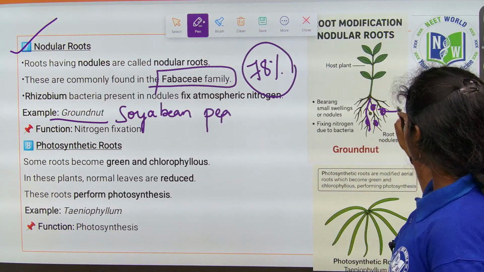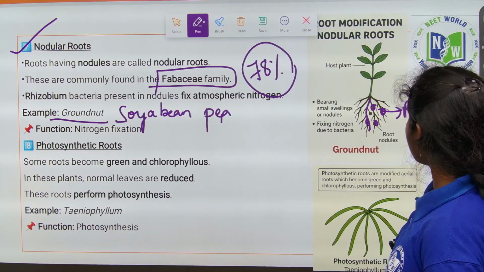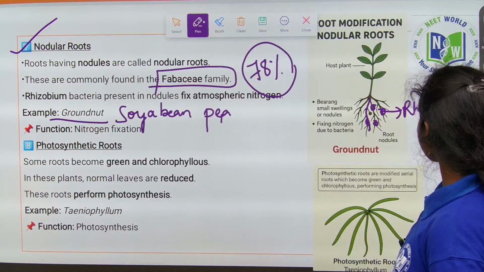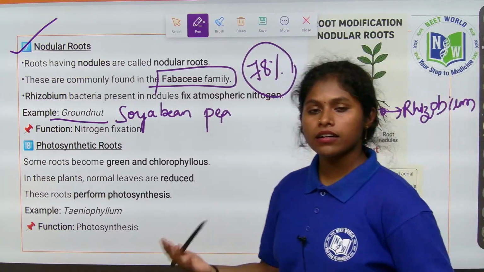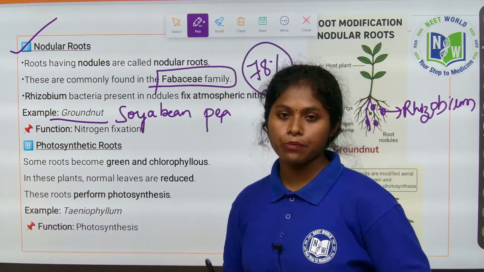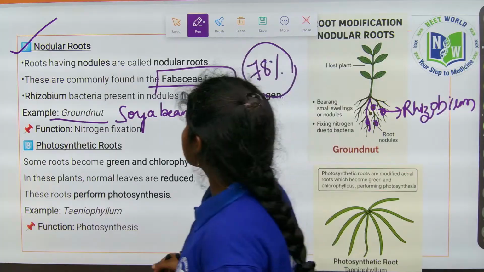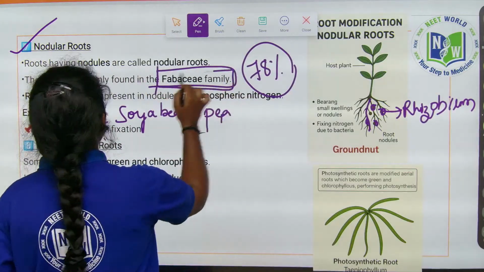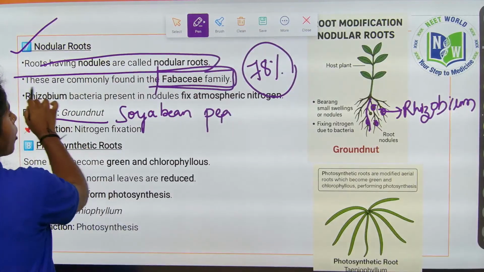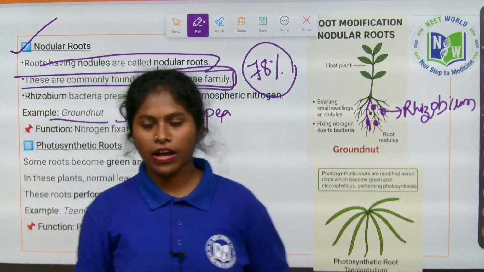In these nodules, the bacteria named Rhizobium will be present, which helps in the fixation of nitrogen in the plants. As we know, nitrogen is required for DNA, RNA and protein synthesis, right? So they are commonly found in the Fabaceae family.